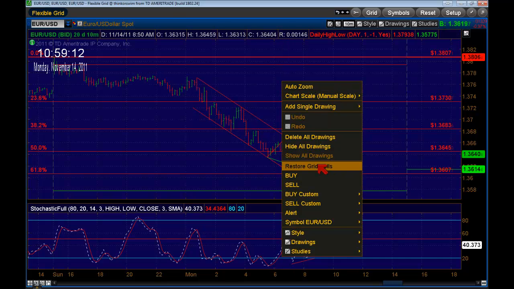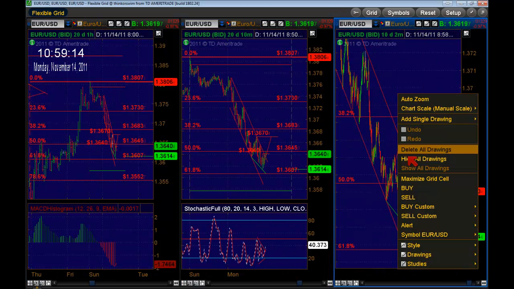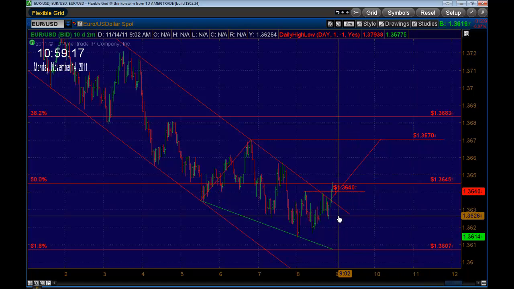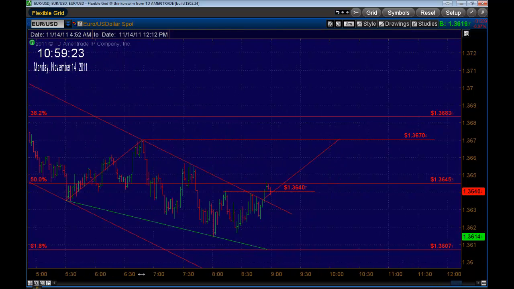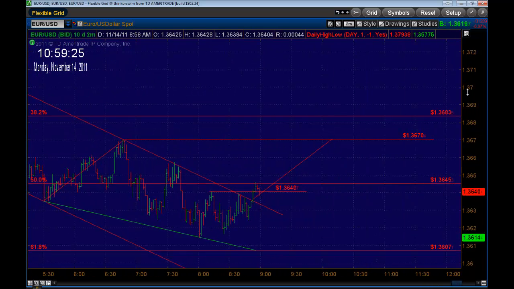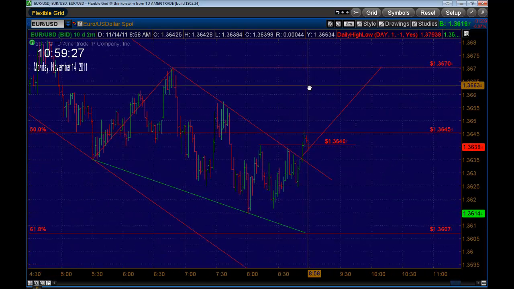Now, I was meaning to cover this a little sooner so we could go over the development of this pattern, but what we've seen here is the actual signal, if you will, that this market is trying to work its way back to the upside.